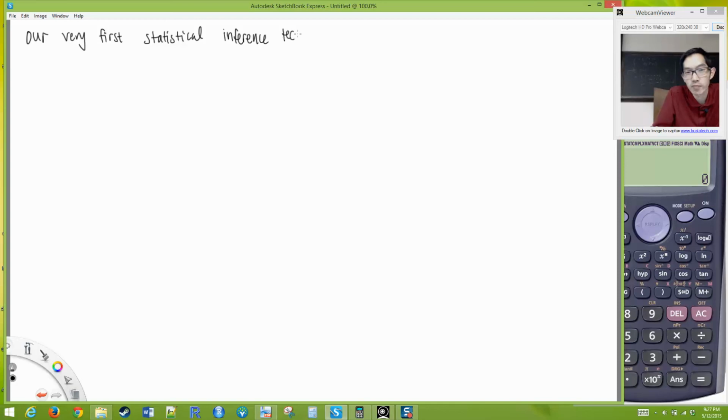So what is statistical inference again? I think I defined it earlier today, if you remember. The process of making conclusions about our population based on the limited data provided by our sample. Great, and that's what we're going to do.